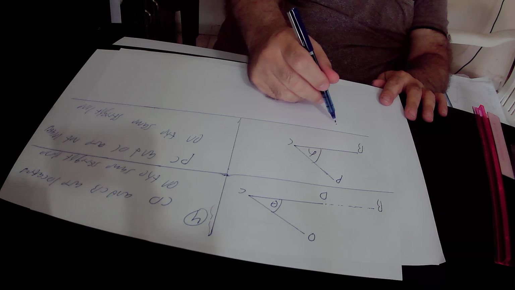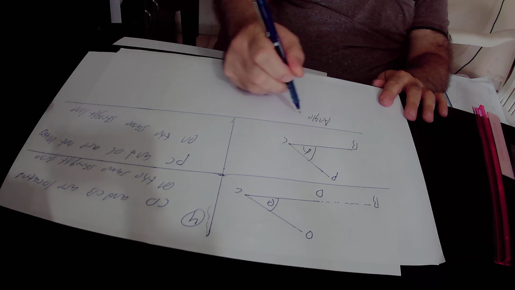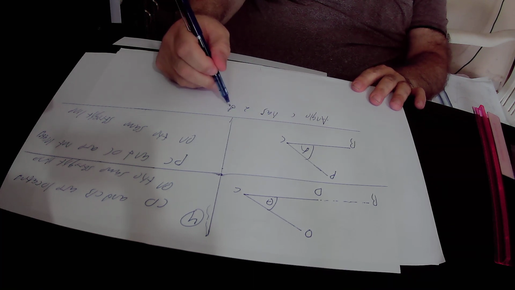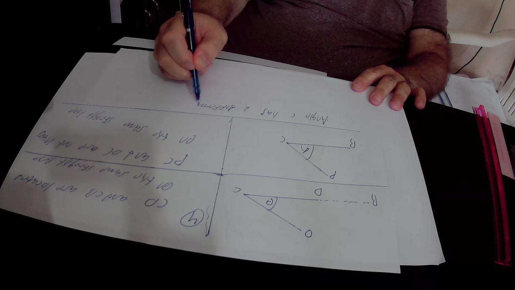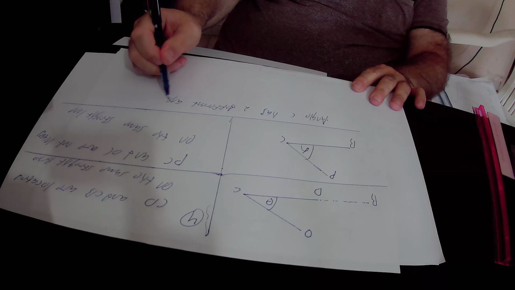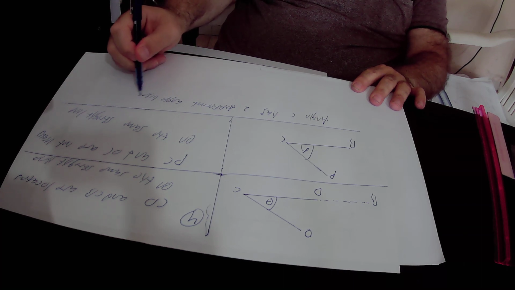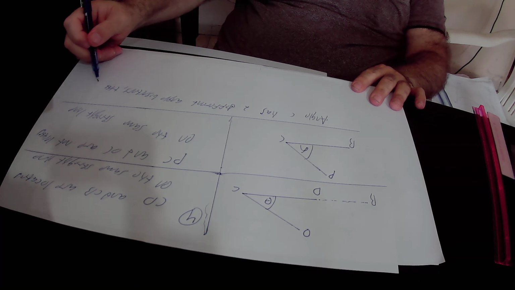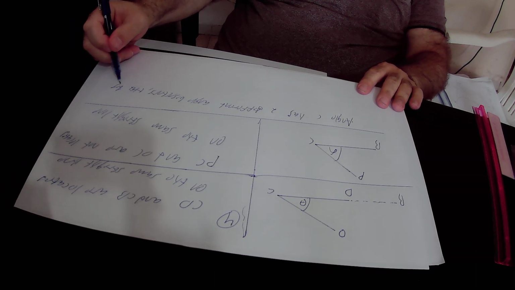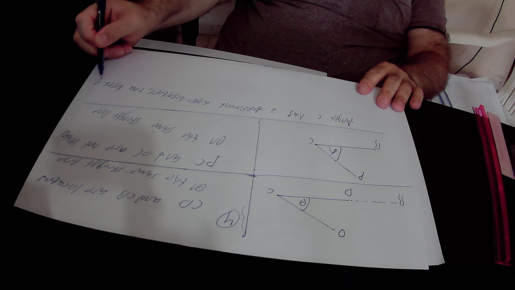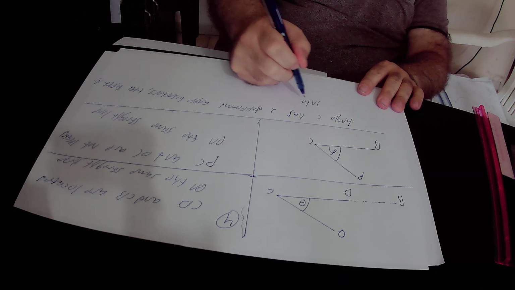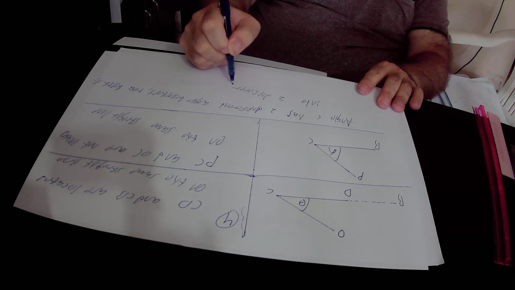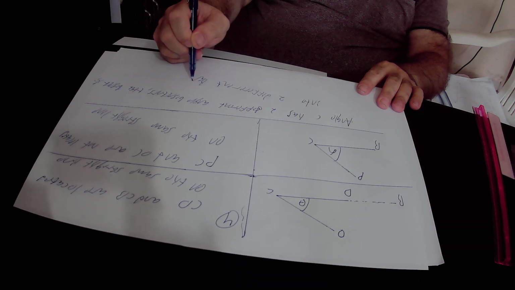So we found out that angle C has two different angle bisectors that bisect it into two different halves. Read again.